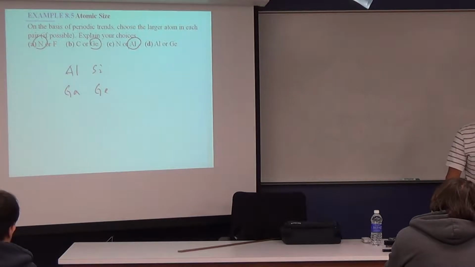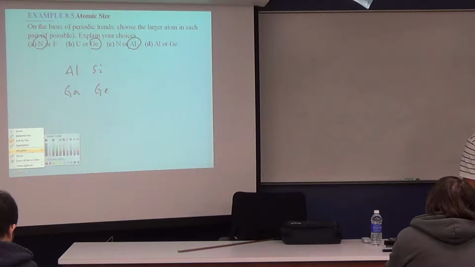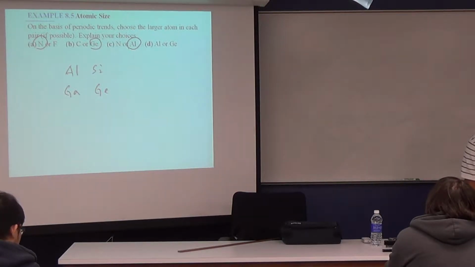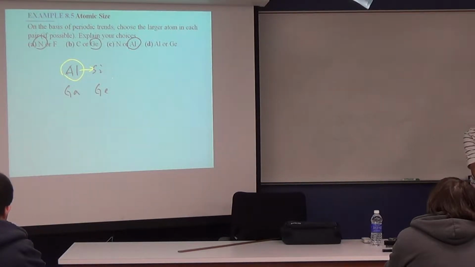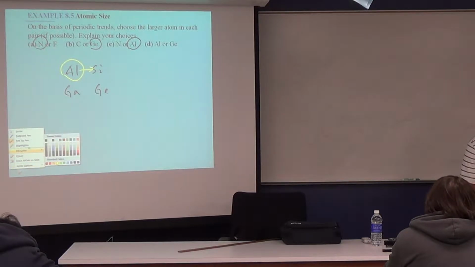These are the two elements in this smaller area. You can start from either one. This time I will start with Al and draw one arrow like this, and then go to Ge, drawing another arrow from Si to Ge.